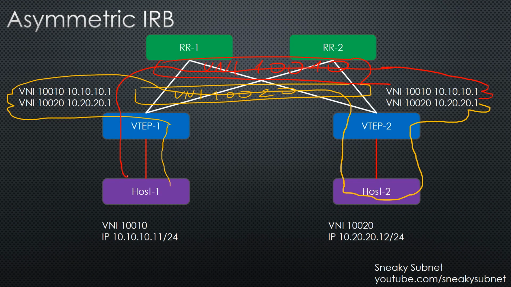So, as you can see, this is why it is called asymmetric. In the direction from left to right, from host 1 to host 2, we at first go to default gateway 10.10.10.1. We route traffic to VNI 120. We bridge over that VNI to VTEP 2. Then host 2 sends a reply.